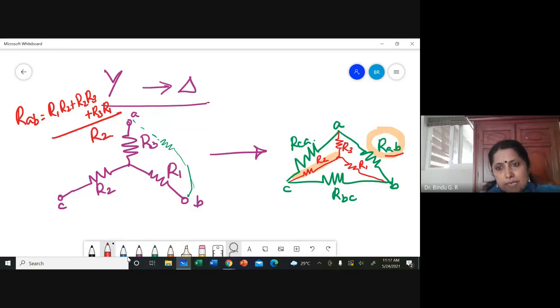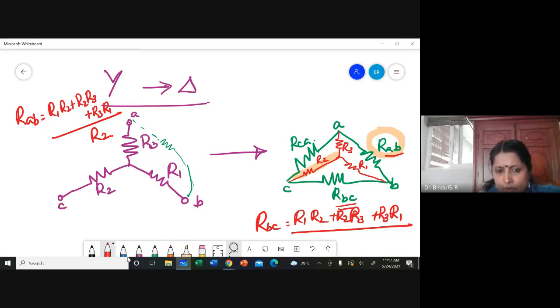Similarly, RBC will again be (R1 R2 + R2 R3 + R3 R1) divided by whatever resistance is opposite to it, that is here R3. So I'll be writing R3. Last one, RCA, that you should know by now.